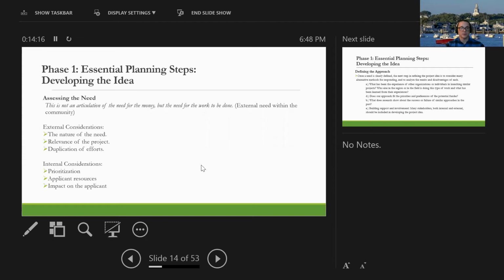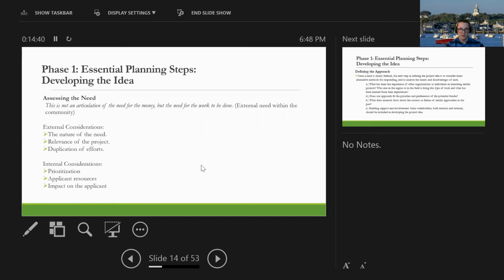And some external considerations: the nature of the need, the relevance of the project, duplication of efforts as we spoke to, internal considerations, and from there our prioritization, the applicant resources, and impact on the applicant. And so I know I'm moving fast through this. We do have a lot to cover.